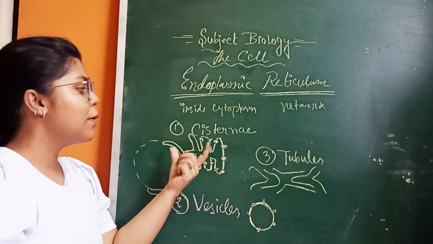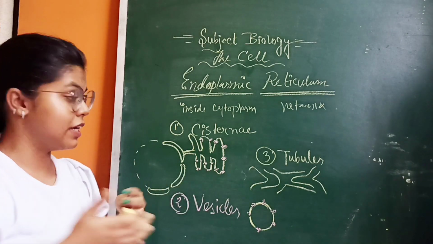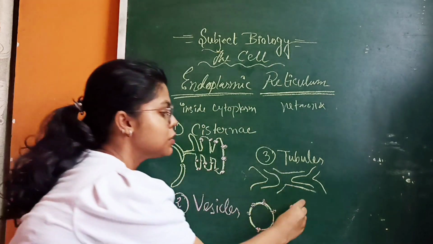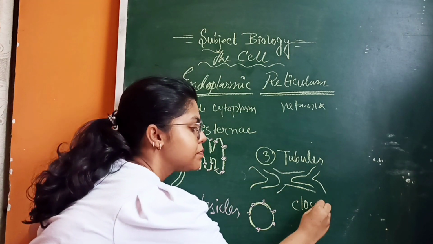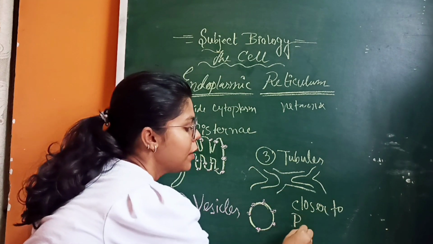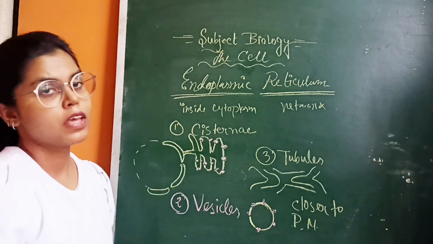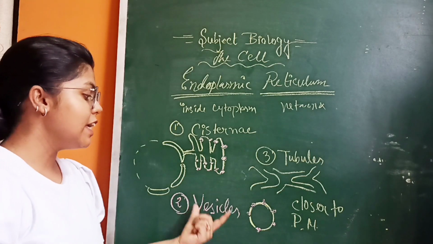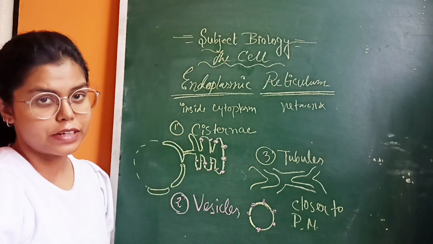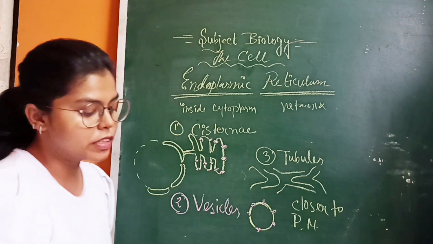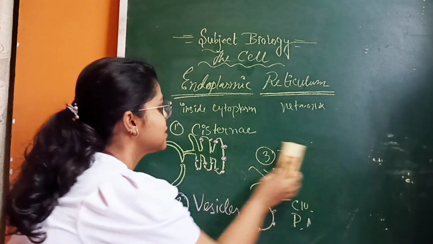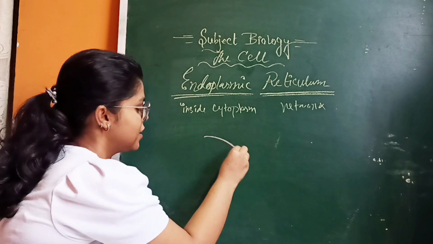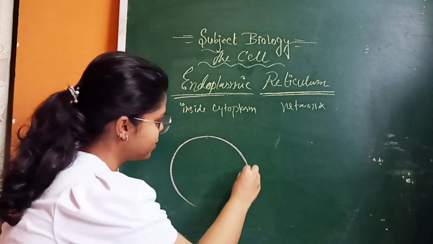So cisternae is basically closer to the nucleus, and the tubules are closer to the plasma membrane, or PM, and the vesicle is closer to the cisternae. So the overall structure of the endoplasmic reticulum is like this. This is the nuclear envelope.